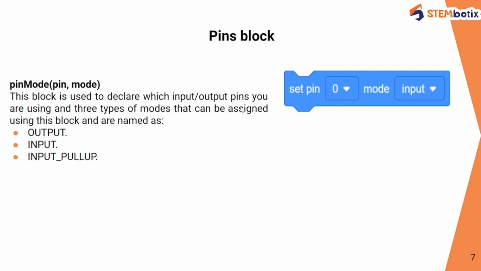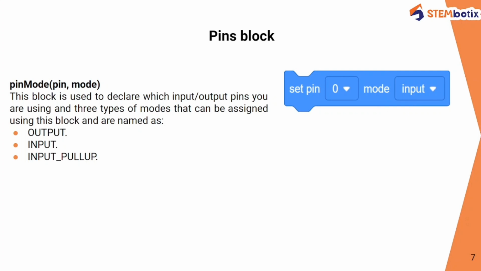But by using this Blockzie software, we don't need to write this C language command. We have a ready-made block, which is set pin 0 and mode of that pin. We need to select the mode of the pin, which is input or output.